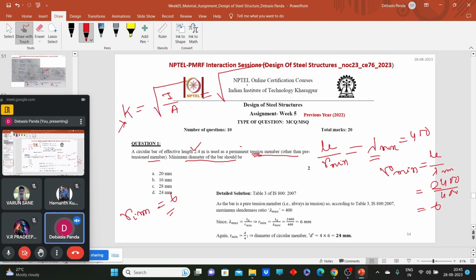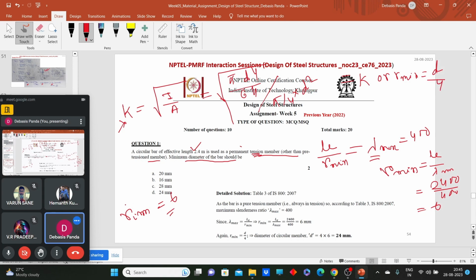What is the value of I for a circular section? Pi into d to the power 4 by 64, divided by the area of the circular section, pi by 4 into d squared. If you simplify these, K or R minimum will be equal to d by 4.